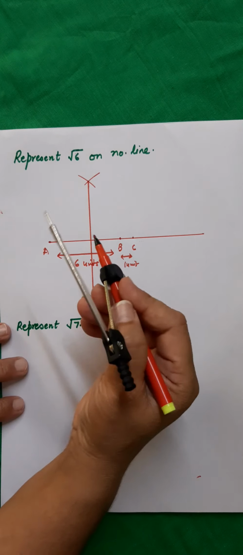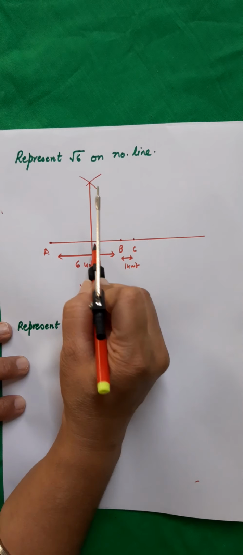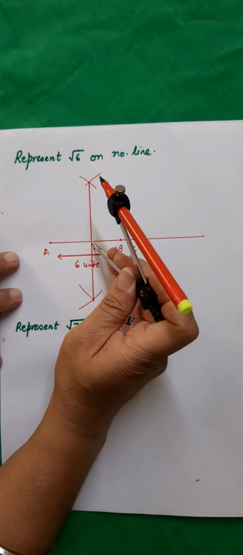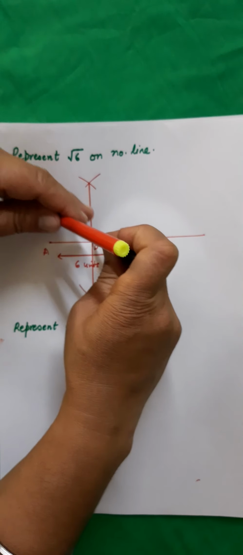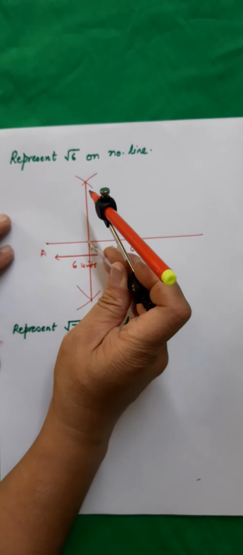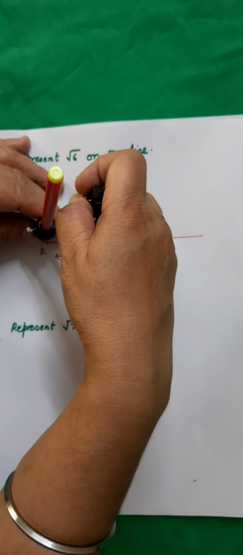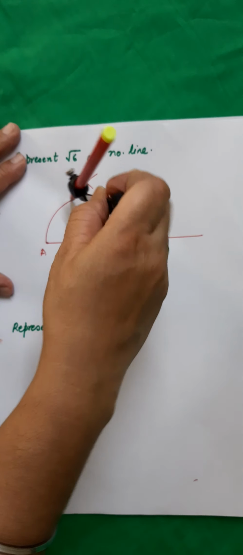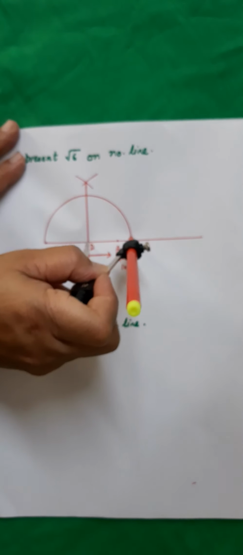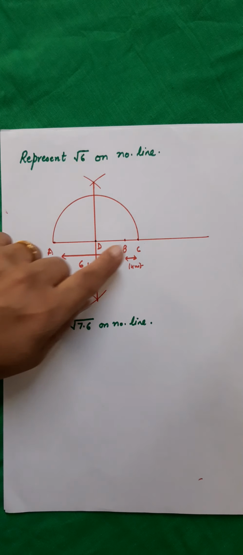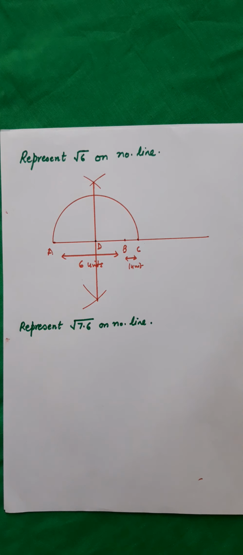Let's call this point D. Now taking DA as the radius, draw a semicircle. After this, at B, we are going to make a perpendicular.